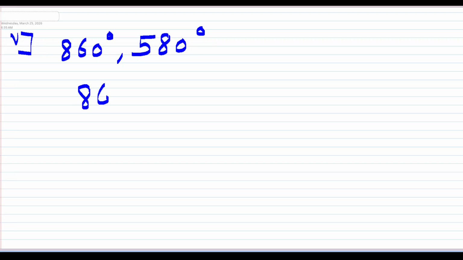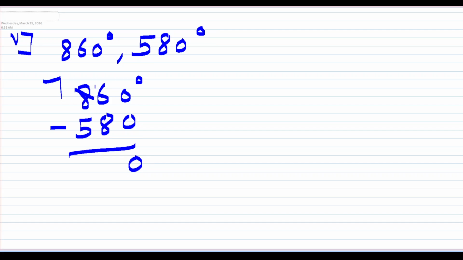So 860 minus 580: 0 minus 0 is 0, 6 minus 8 is not possible, so this will become 7 and this will become 16. 16 minus 8 is 8, 7 minus 5 is 2.